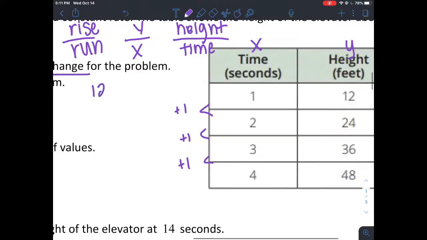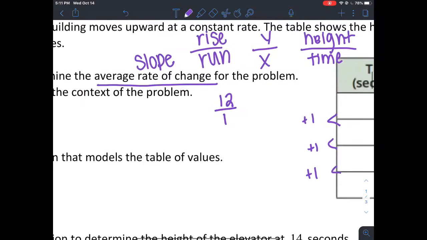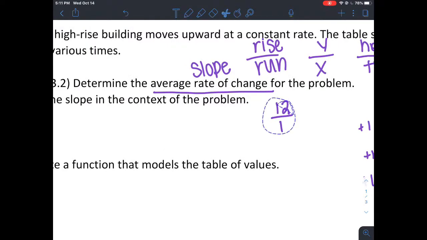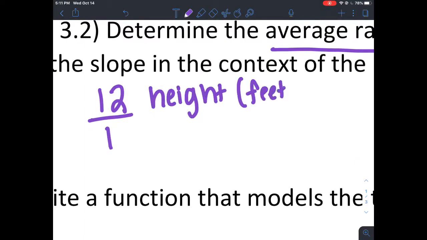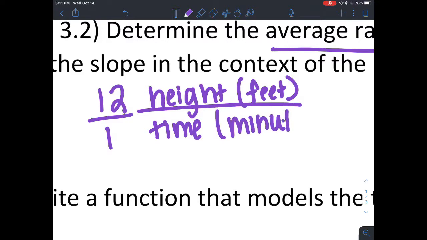The change in y is plus 12. The change in x is plus 1. So our slope is 12 over 1. The y represents the height in feet over the x, which is time in minutes.